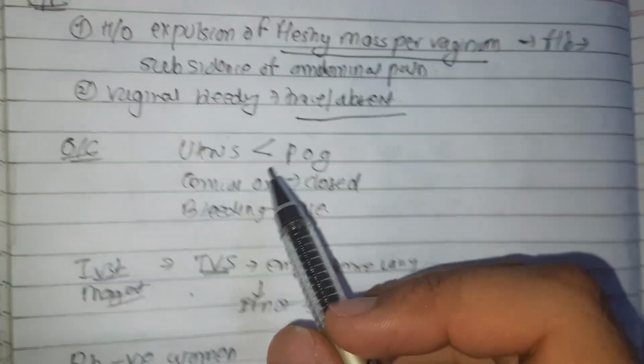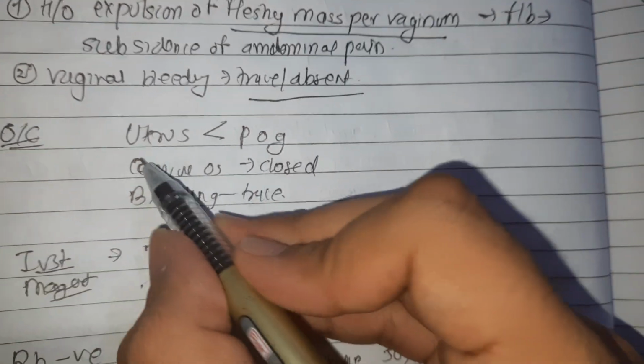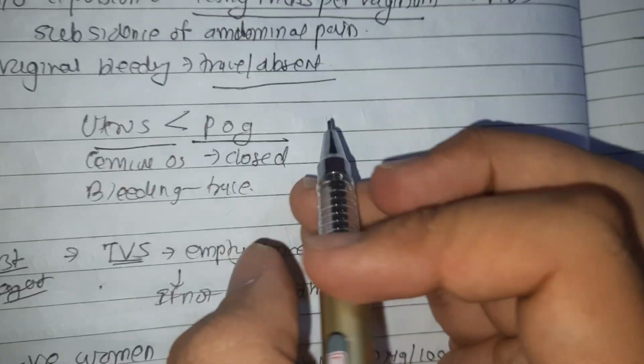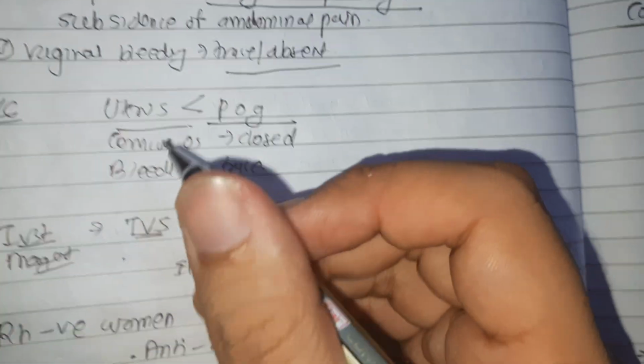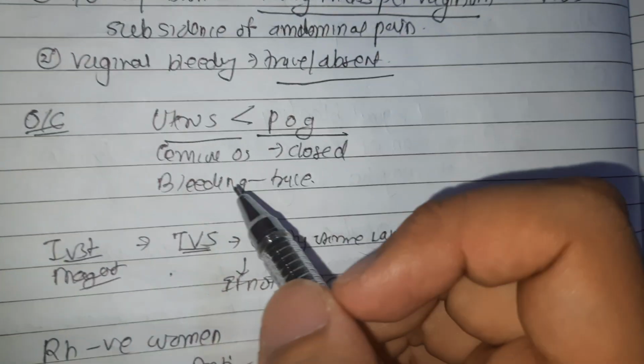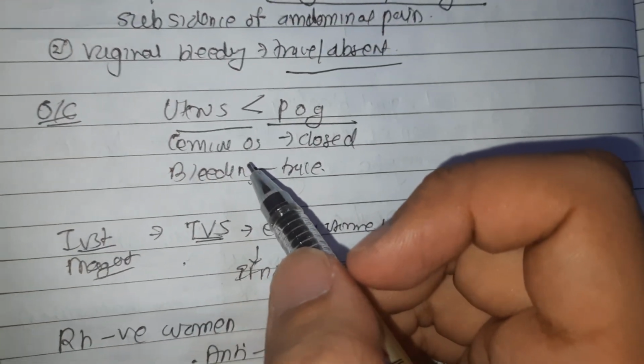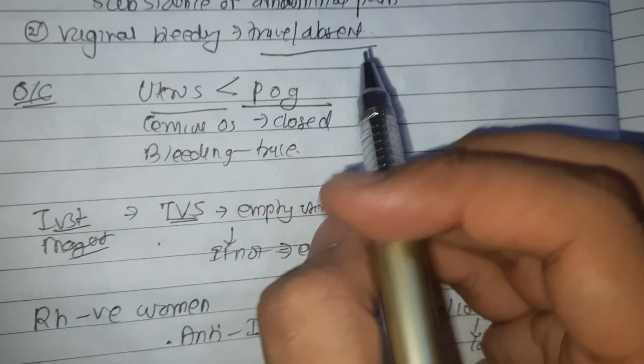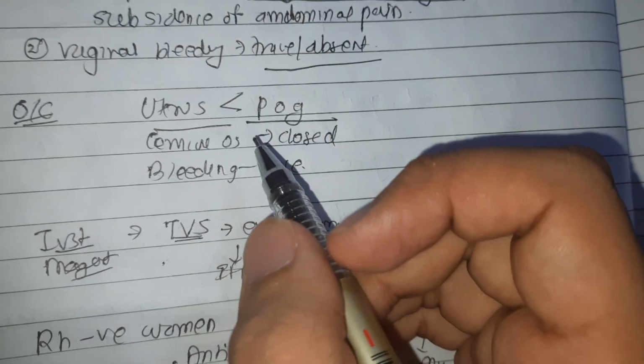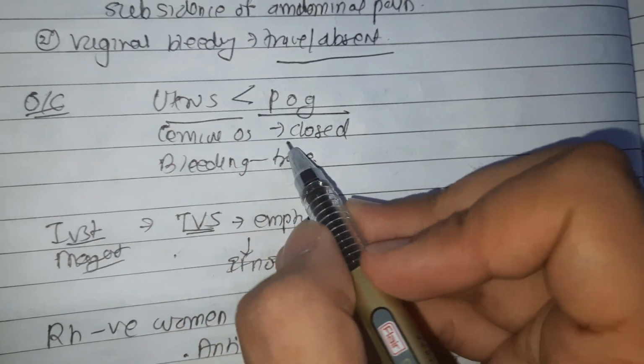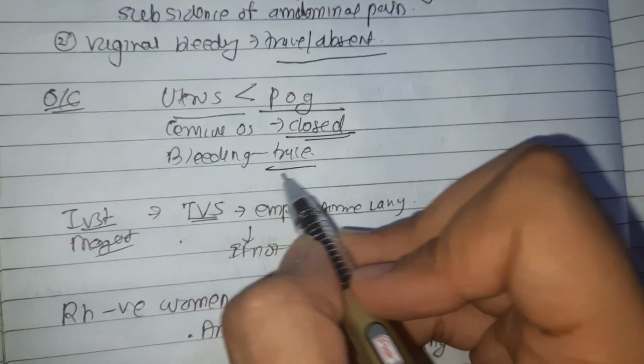The internal examination reveals that the uterus is smaller than the period of gestation. Why? Because the products of conception have already come out. That's why the uterus is less than POG. The uterus is a little firmer, and the cervical os is closed. The bleeding is very trace.